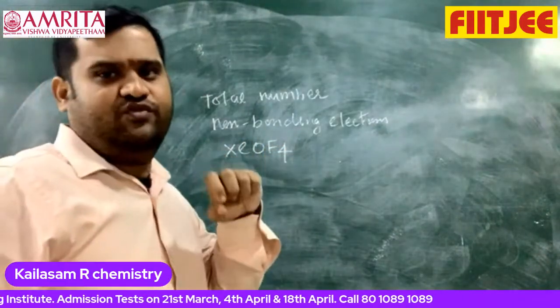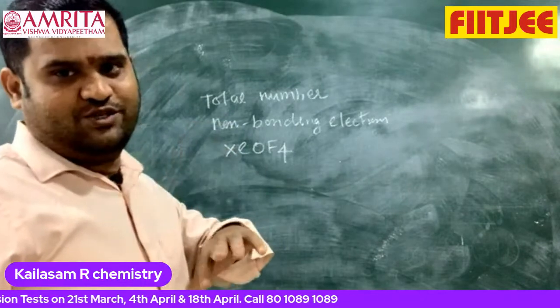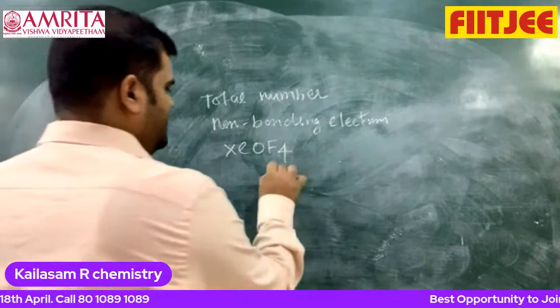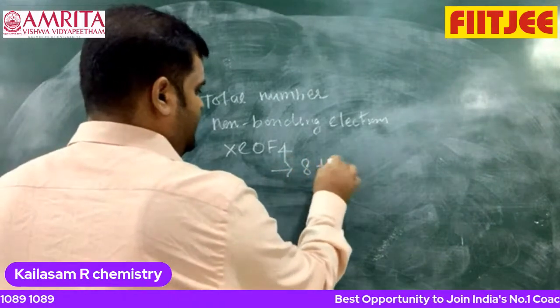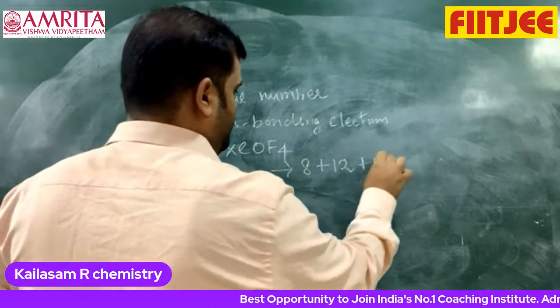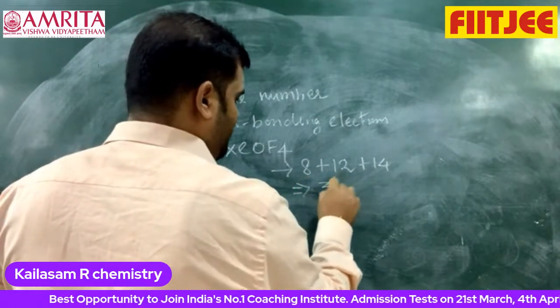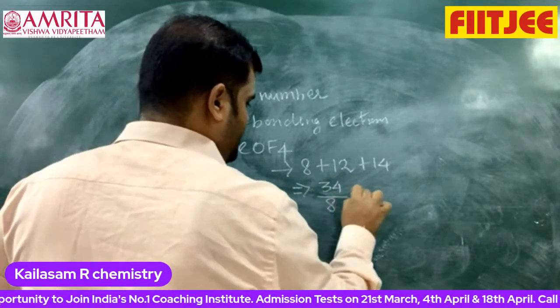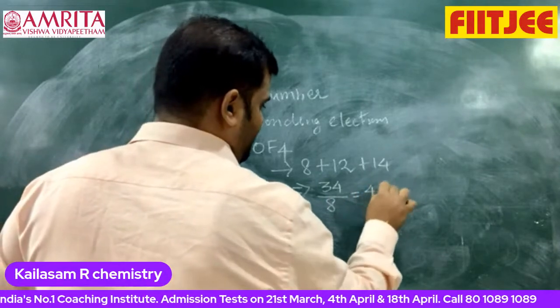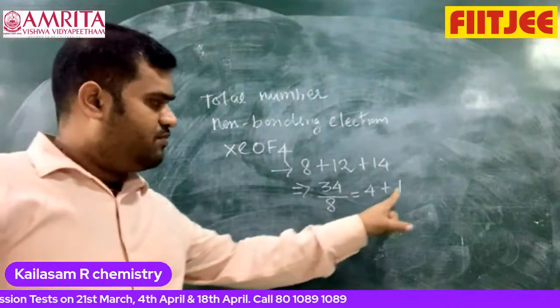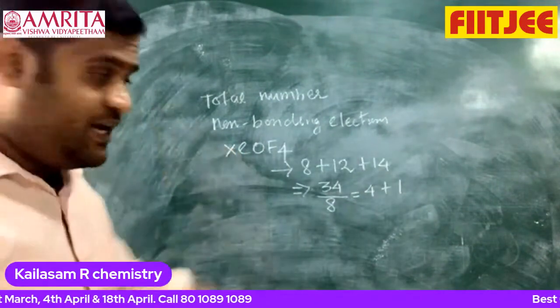XeOF4. So what we have to do first is go with the VSEPR theory method. You can see 8 plus 28 plus 6, we are going to have 34 by 8, which is 4 plus 1: 4 bond pairs, 1 lone pair. Apart from that, listen carefully.